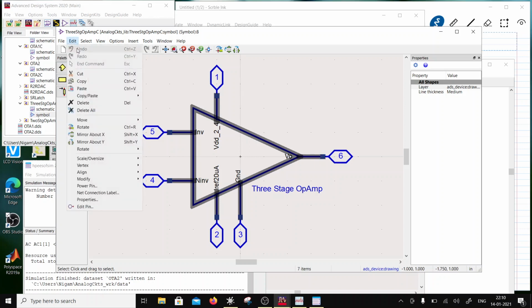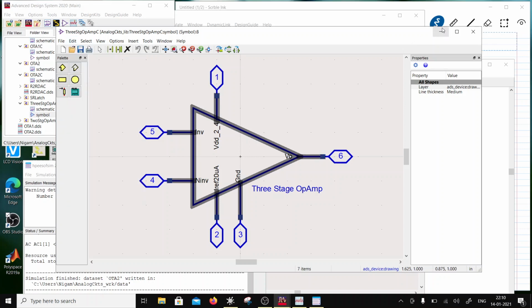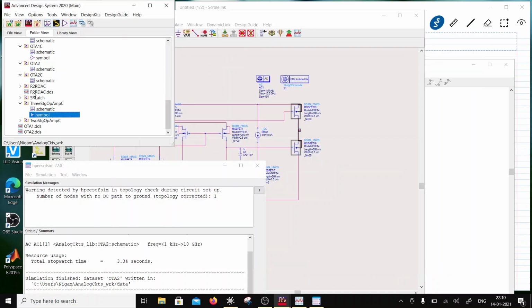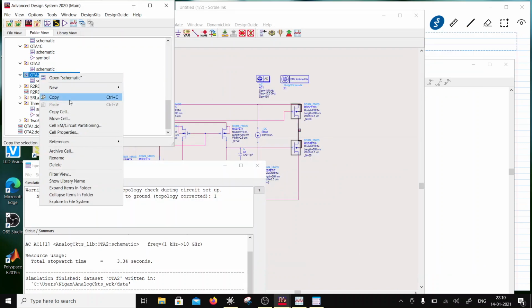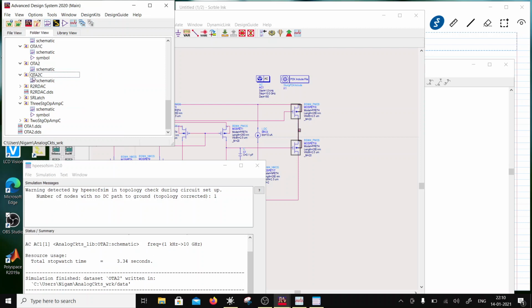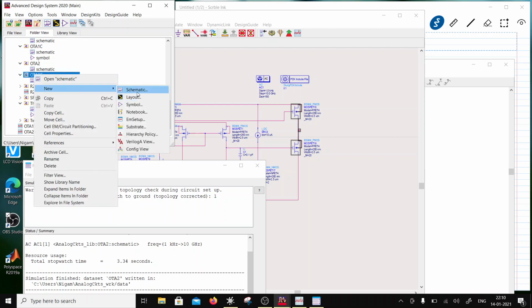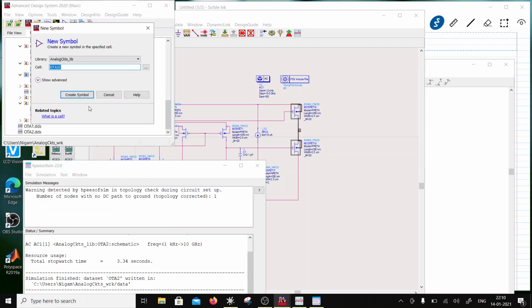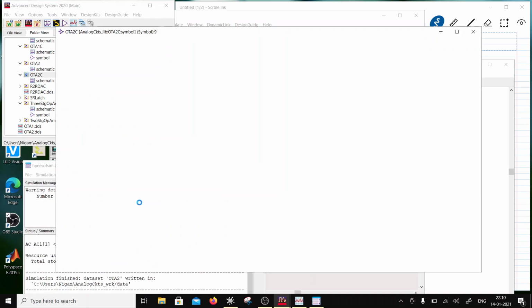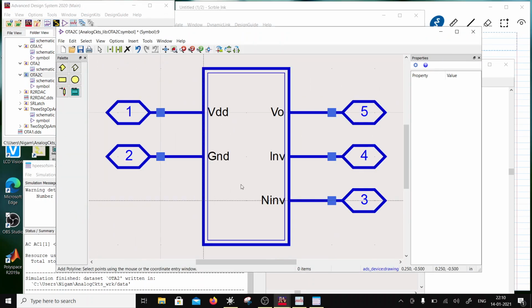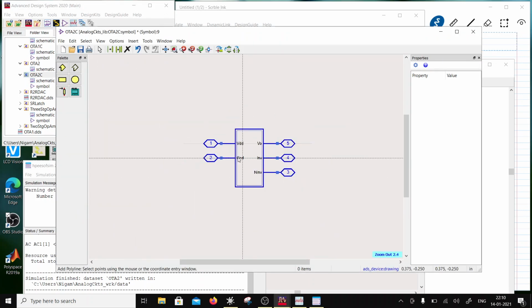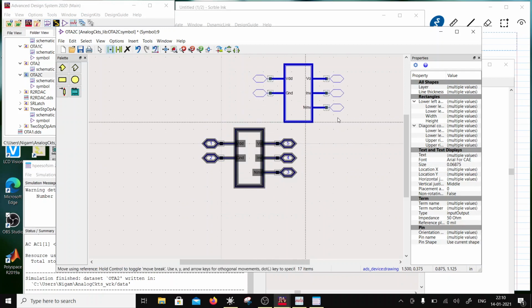I'll say edit copy, and then I will make a new symbol for OTA. So let's look at OTA-C, new symbol, and create a symbol, say OK, and that's the symbol which I am going to replace by my design there.